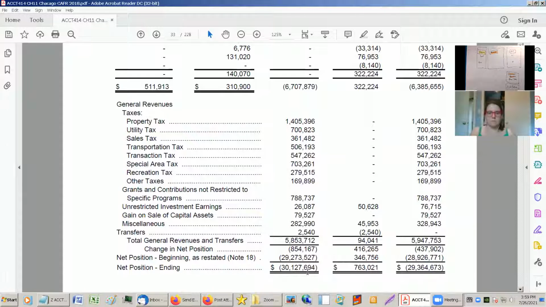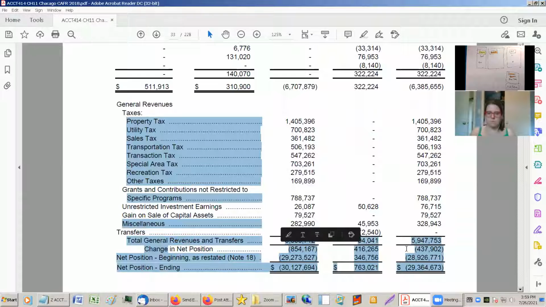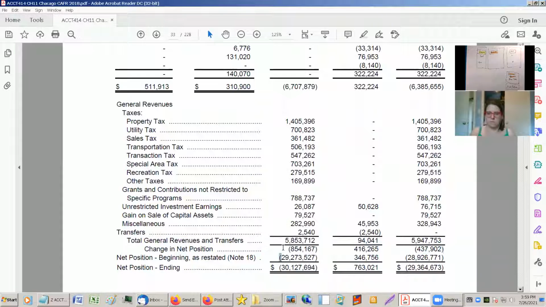And here's the change in position for the last year. All right, so this would be sort of like our income. So the income for the general government would be negative 854 million, positive for the for-profit business type. Over here, the net of those.